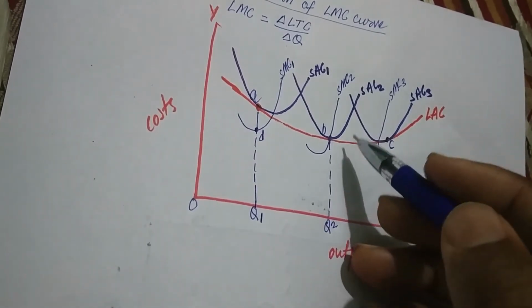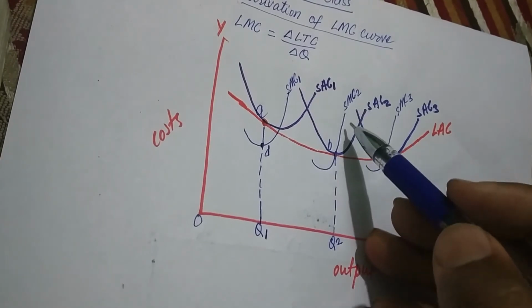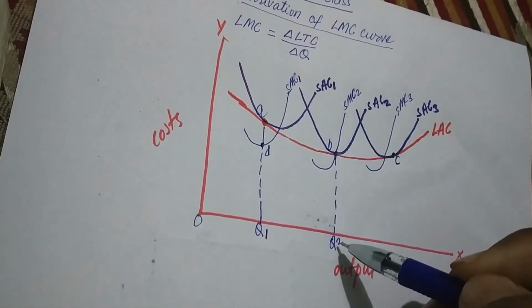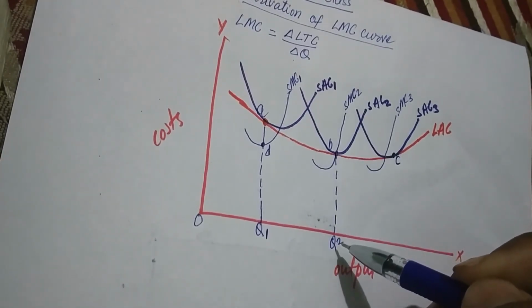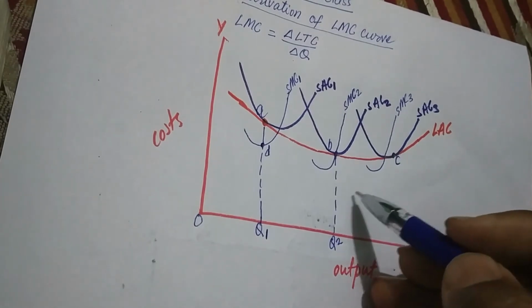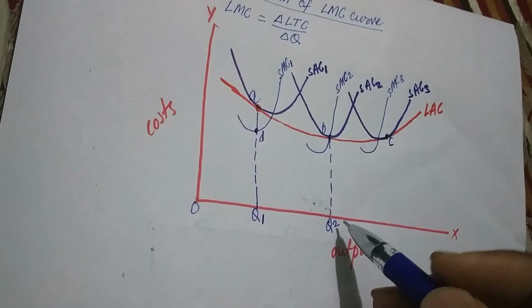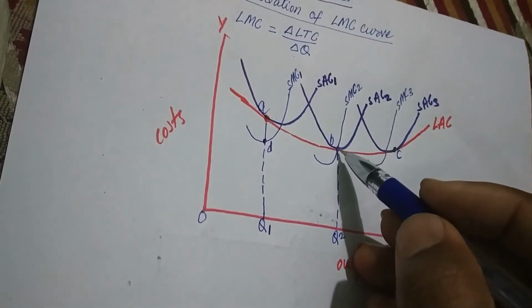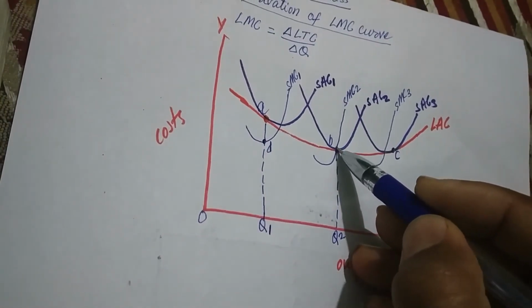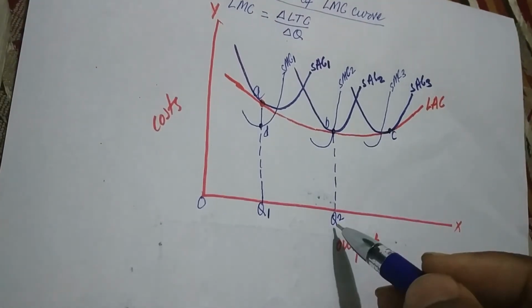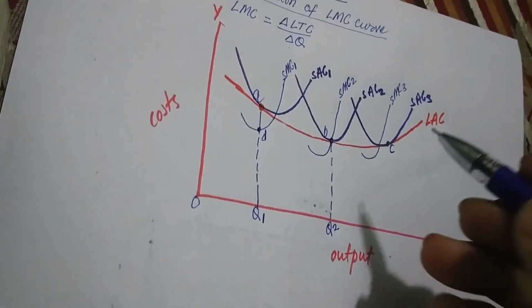For this level of output, short run marginal cost is equal to BQ2, which is also equal to long run marginal cost for OQ2 level of output. That is why one of the points for long run marginal cost is point B for OQ2 level of output.